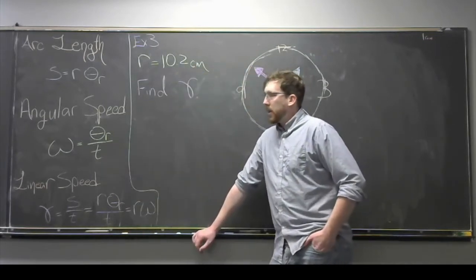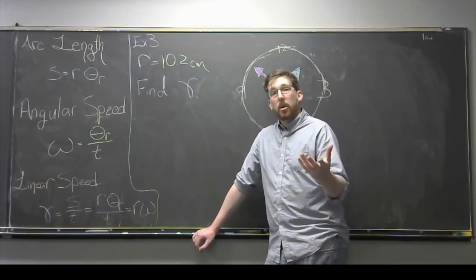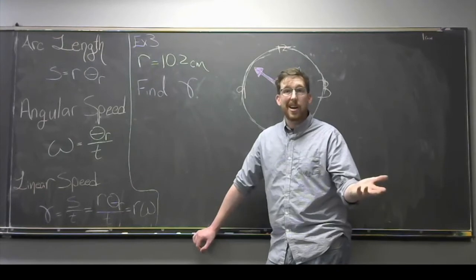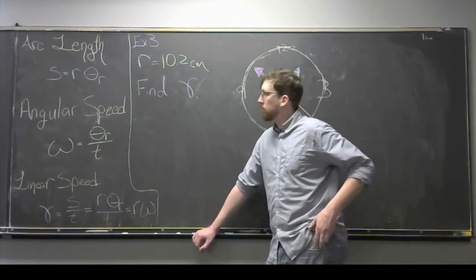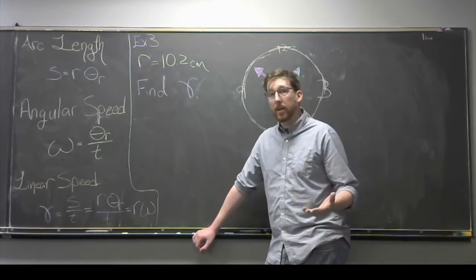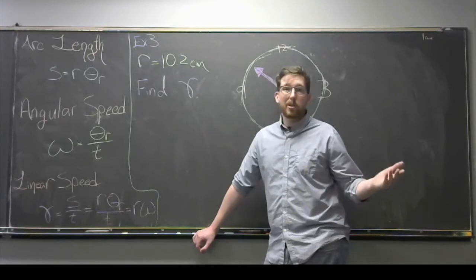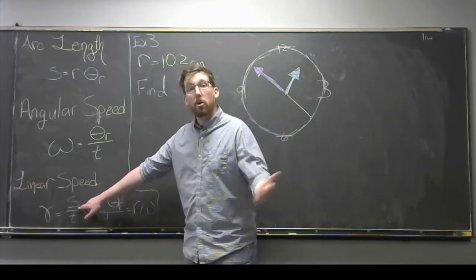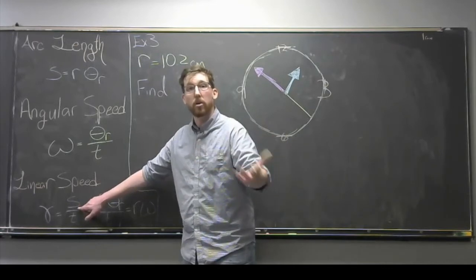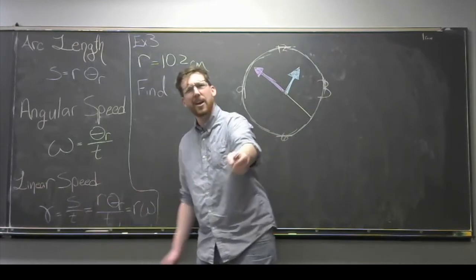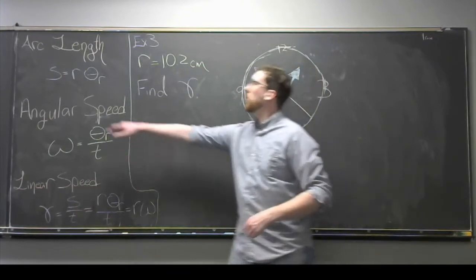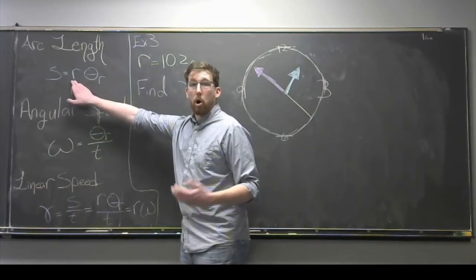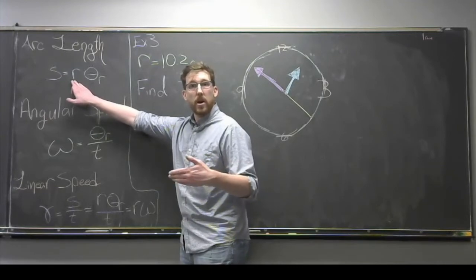Getting back to this stuff. Angular speed is going to be the number of radians rotated per unit time. And linear speed is just going to be the arc length traveled per unit time. But hey, we just said arc length can be calculated using this formula above, r times the number of radians.